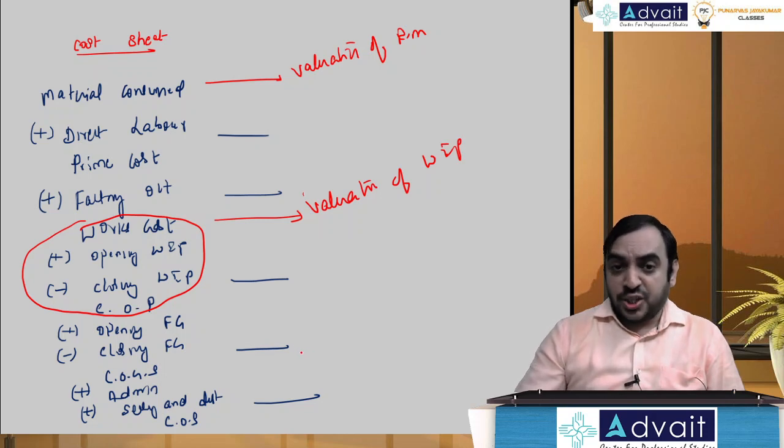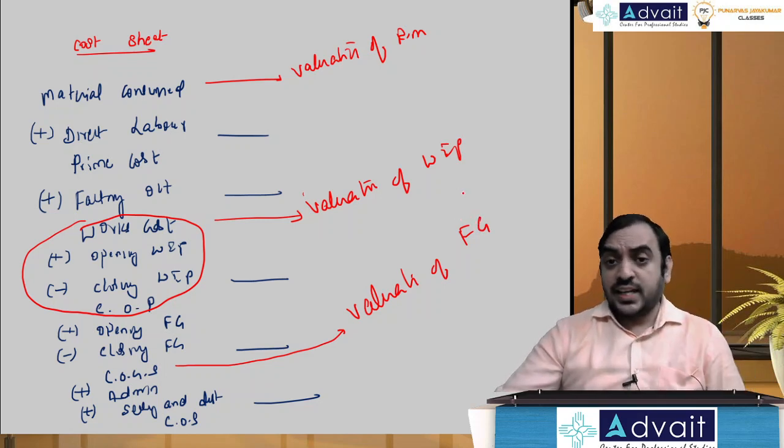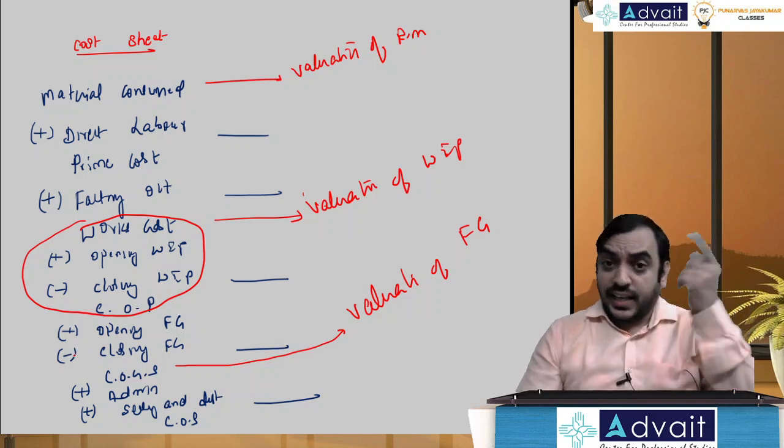Then for the purpose of valuation of finished goods, I will take this cost of goods sold. This one is for valuation of finished goods. If it is a cash cost approach, I don't take depreciation. And if I'm doing valuation of debtors, I'll take sales.